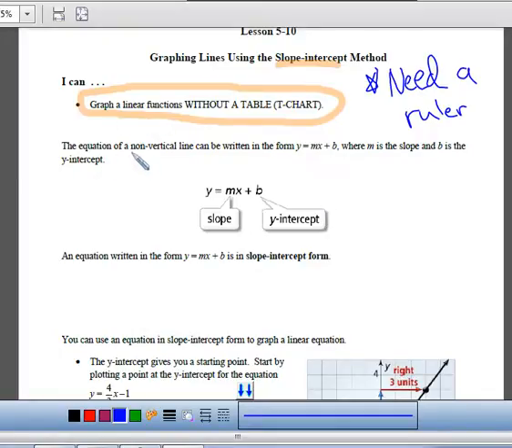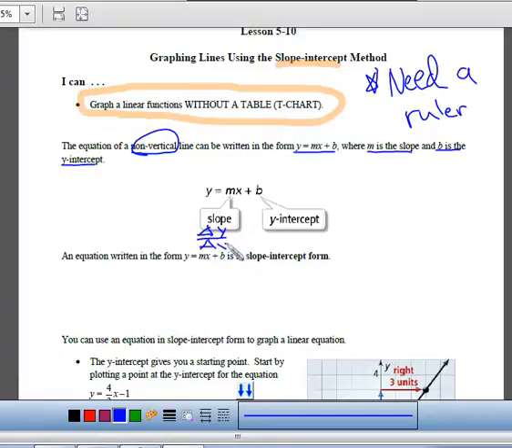The equation of a non-vertical line can be written in the form of y equals mx plus b. We've already talked about this a few times. M is the slope, b is the y-intercept, x is the input, y is the output. Slope we find by using change in y over change in x.